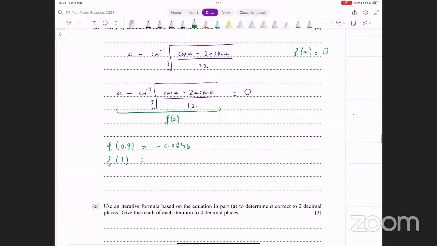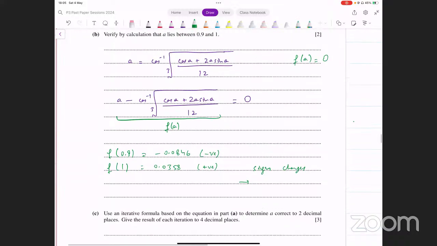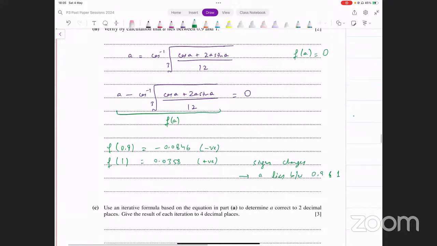This is giving me 0.0358. The first value is negative, the other value is positive. What do we say? We say the sign is changing. That means A lies between 0.9 and 1. Okay, and that's our final result. That's the second part.